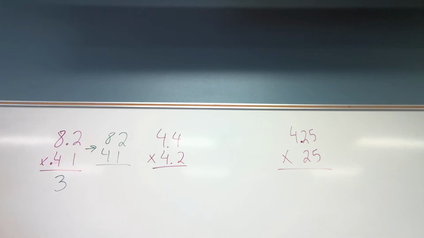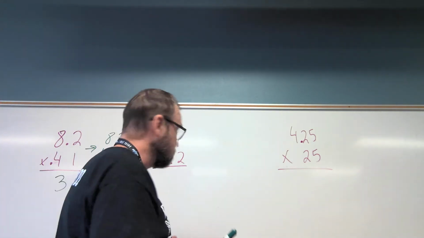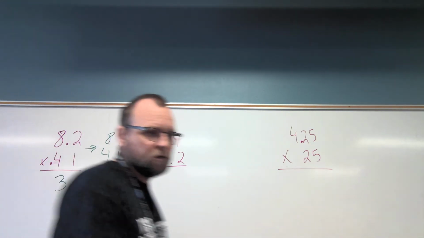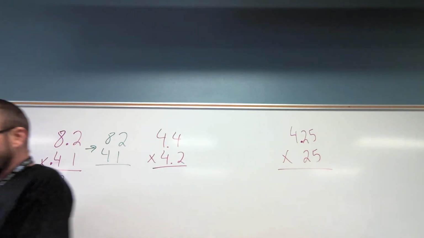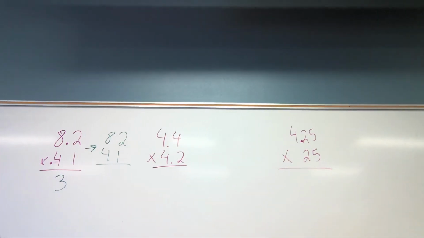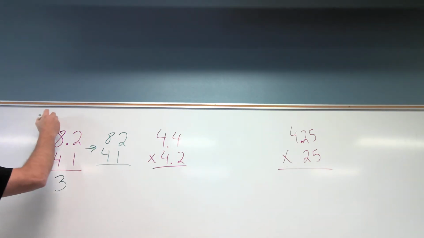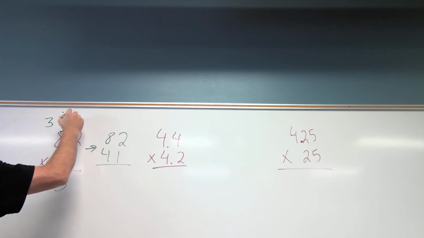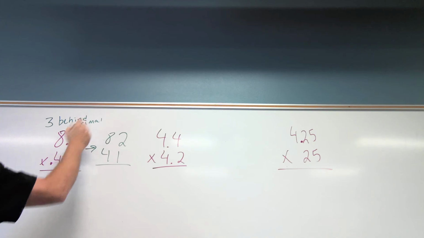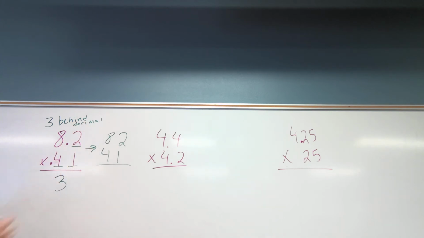So reason number one, estimating is important. Question number 2. Caitlin, in this problem, how many numbers are going to be behind the decimal point? 3. 3 numbers behind the decimal point, because there's 1, 2, 3 numbers behind the decimal point in the problem.